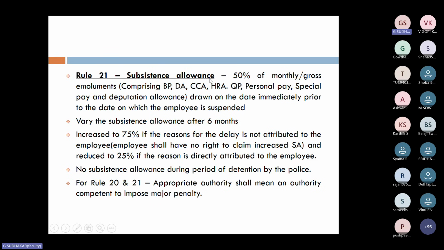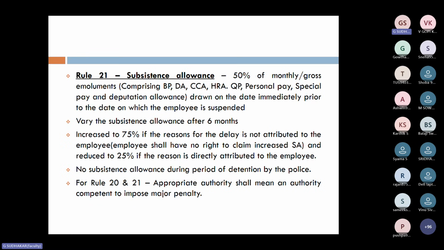What is this allowance? 50% of monthly emoluments comprising basic pay, DA, CCA, HRA, qualification pay, personal pay, special pay, and deputation allowance, as on the date immediately prior to the date on which the employee is suspended. So 50% on these factors can be granted to the employee who is under suspension.